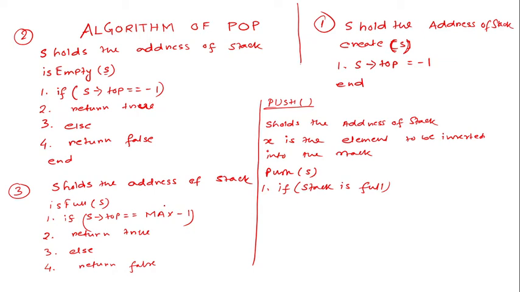So if it is full, then number 2, print, just write down in this way, print stack overflow. Okay, then you need to write down this print overflow, then return.